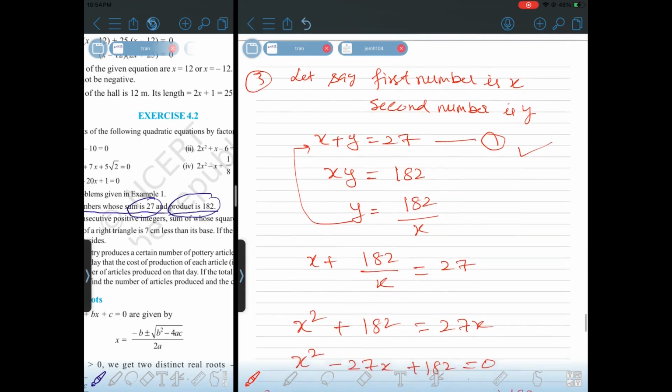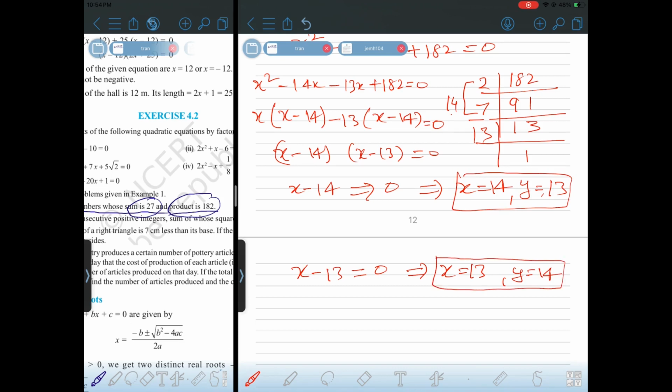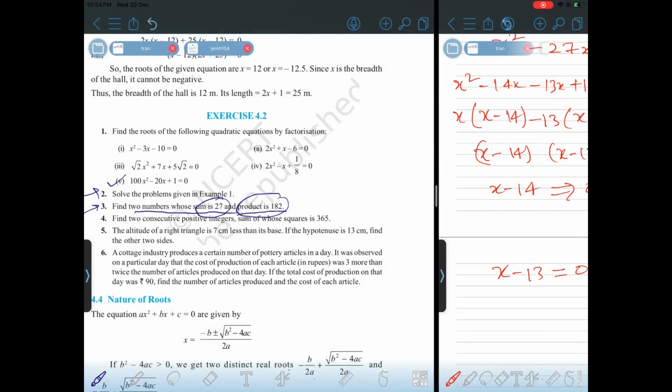If you have found x, we can find y also. Similarly, if x minus 13 is equal to 0, then x is equal to 13 and y is equal to 14. So these are the two solutions of this question because it is a quadratic. So we have got two numbers that fulfill all these conditions, right? So this is the answer for this question.